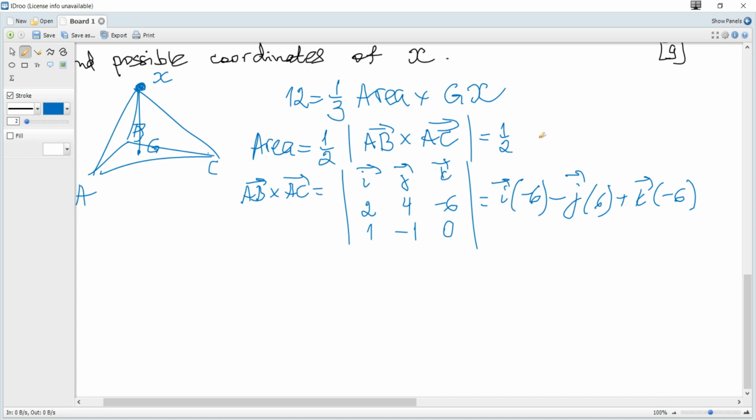The magnitude of the vector is the square root of the sum of squares of its coordinates, so it's 6 squared, or negative 6, it doesn't matter in general, plus 6 squared, or 6 root 3, and finally it's 3 root 3.